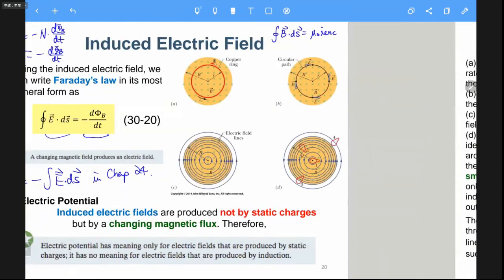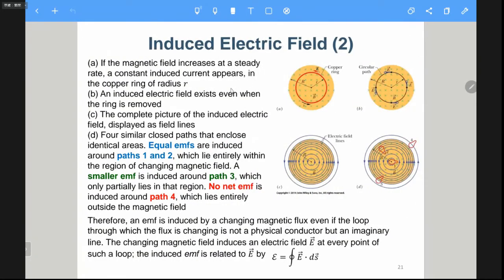Okay, so here it talks about Faraday's law. Here is a copper ring, and if the magnetic field is increasing into the page, then B induced will be pointing out of the page.